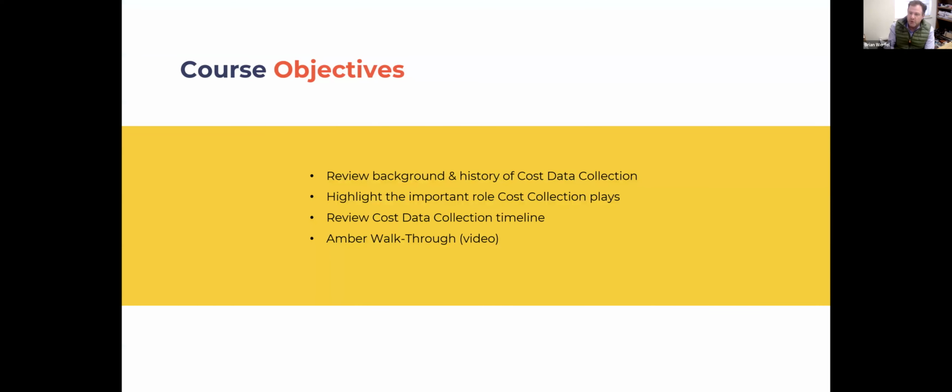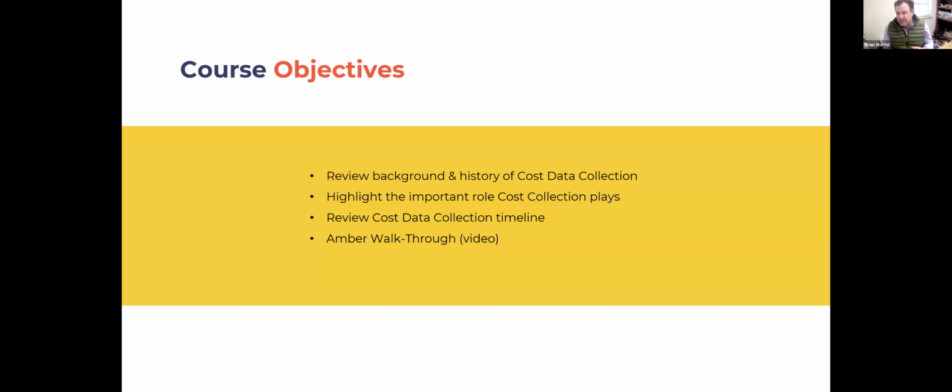All right, so before we get into the cost tool itself, we thought it probably makes sense to take you through the broader context, just to help you understand what it is that CMS is trying to accomplish with this program. Then we will go through the actual collection piece itself. It's divided into a number of different sections, and we'll discuss each of those sections in greater detail.